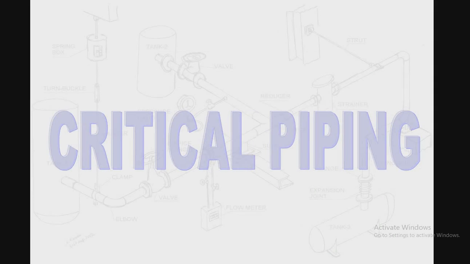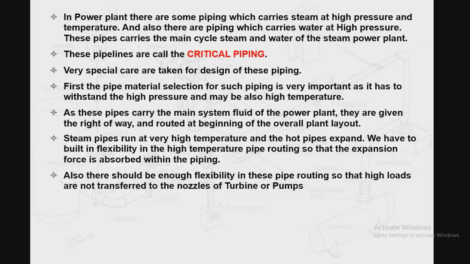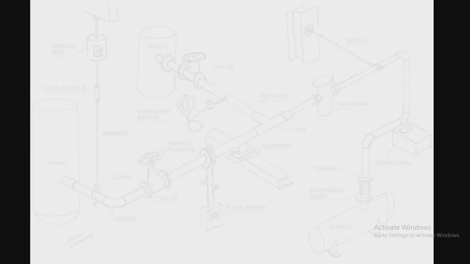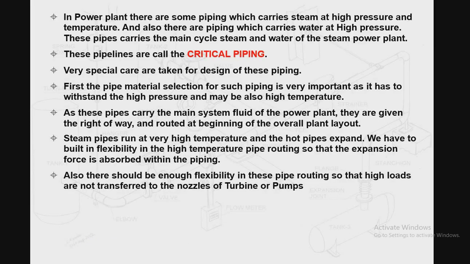Critical piping. What is critical piping? In a power plant there are some piping which carry steam at high pressure and temperature, and also piping which carry water at high pressure. These pipes carry the main cycle steam and water of the steam power plant.